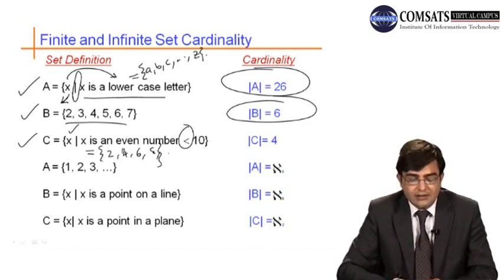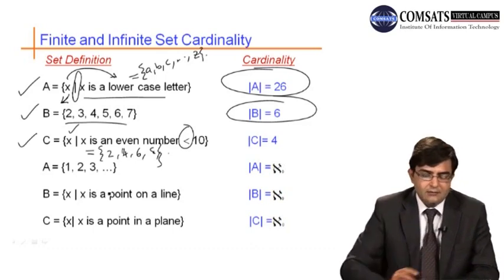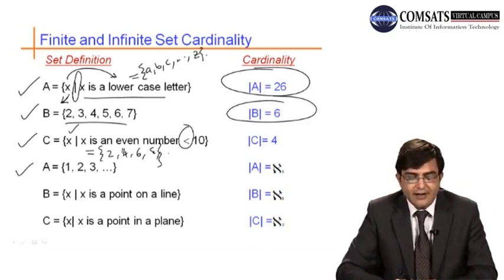Now there are some infinite sets, for example A, which contains infinitely many elements, 1, 2, 3 and so on.